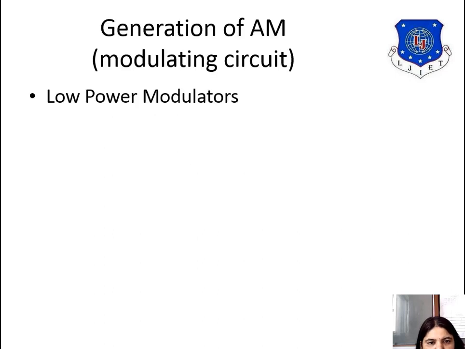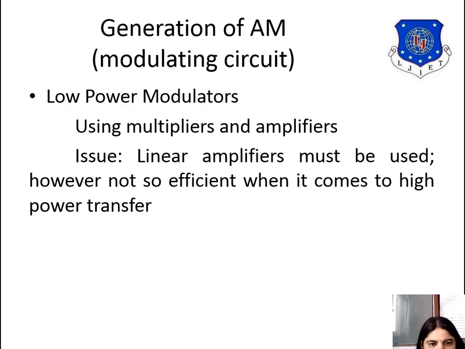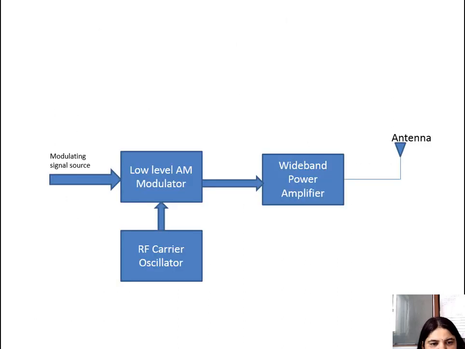Normally the low power modulators use multipliers and amplifiers. The issue is that linear amplifiers must be used, which are not so efficient when it comes to high power transfer, and they have low efficiency.